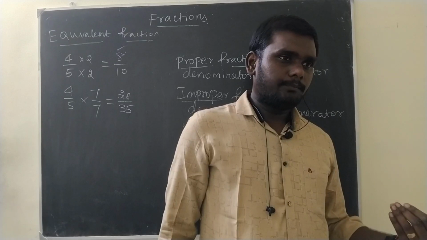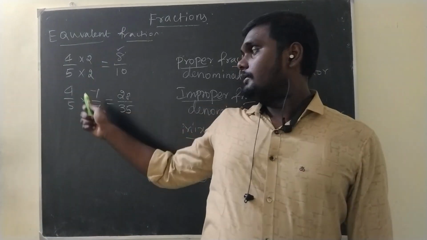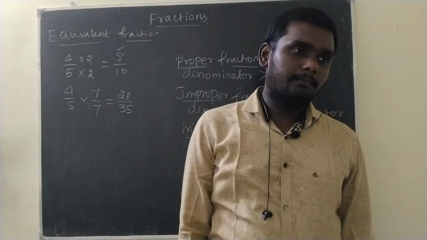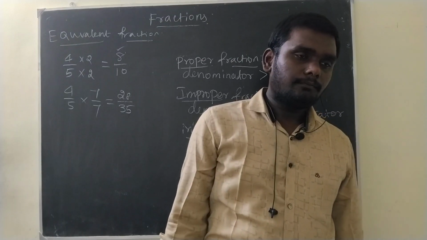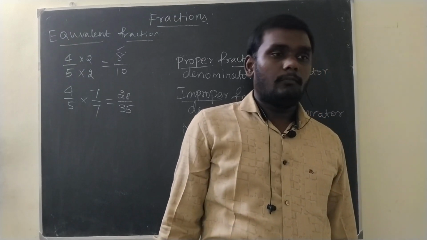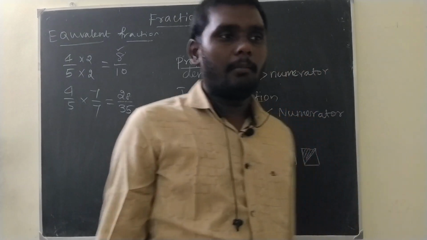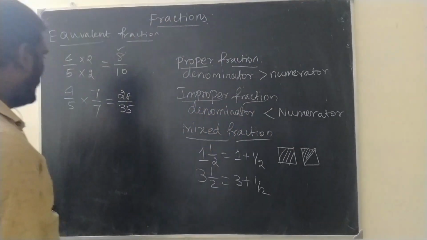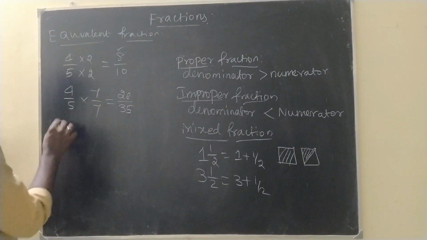Come on, think. Multiplied by 2, 7, and so on, how many numbers are available? We can't say, it cannot be determined. Infinitely many.